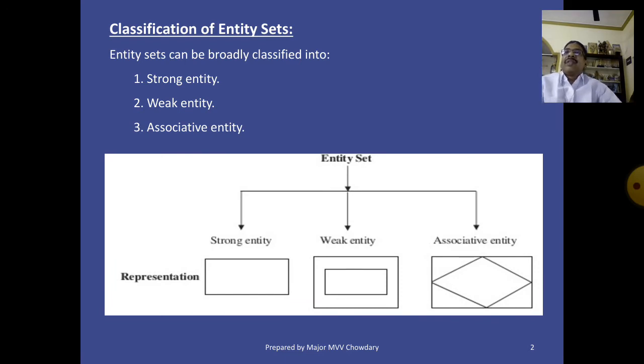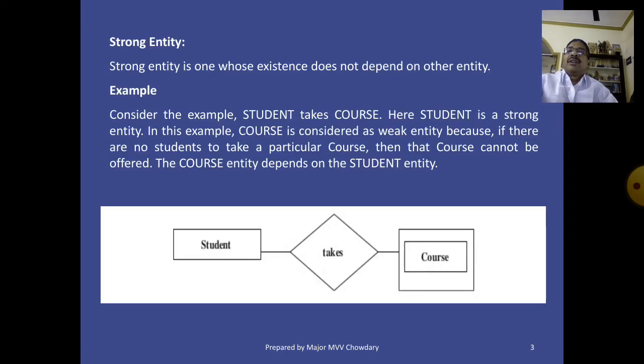An associative entity is represented by a diamond shaped symbol in the rectangle. These are the representations of strong entity, weak entity and associative entity.